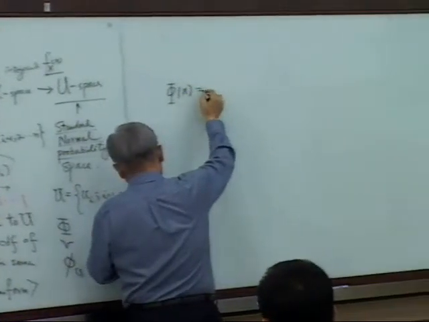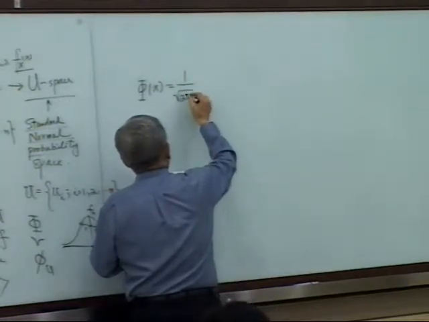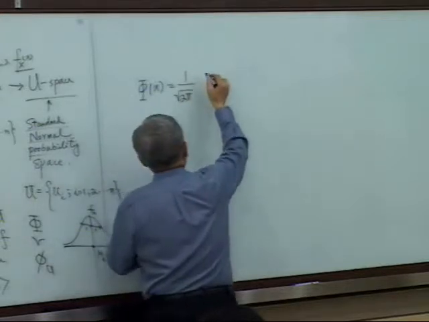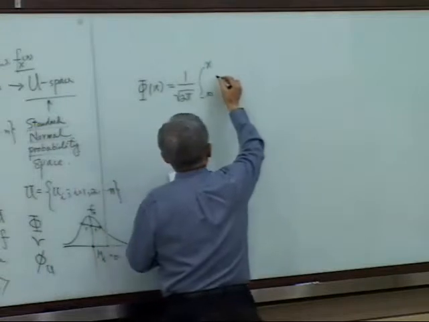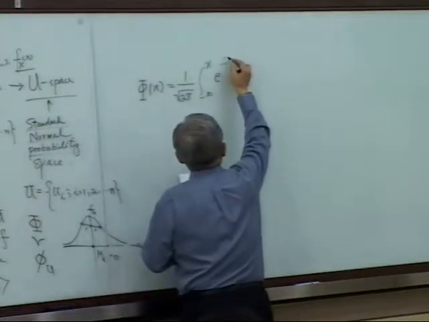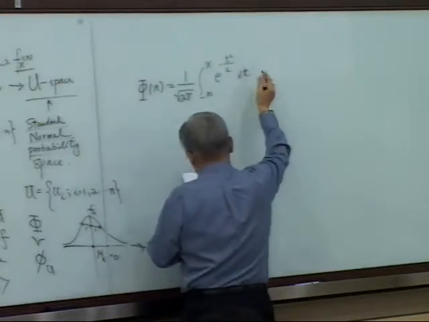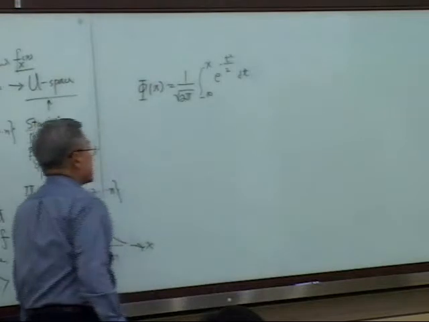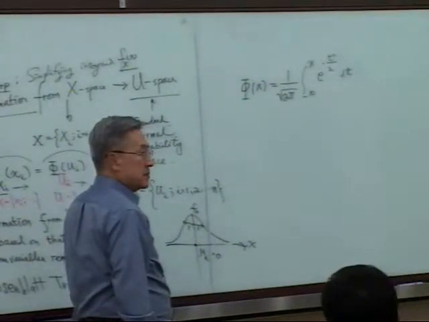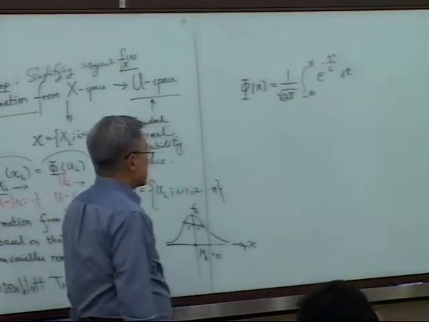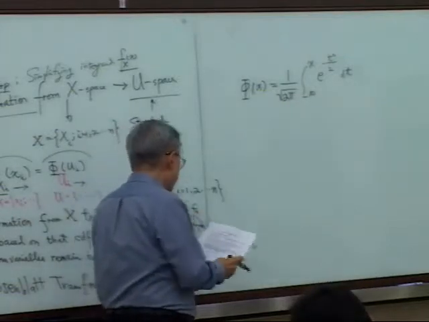If this is phi of x, we know for the one-dimensional case it is 1 over root 2 pi, integral from minus infinity to x of e to the minus t squared over 2 dt, the standard normal distribution function with mu x equal to 0 and sigma x equal to 1.